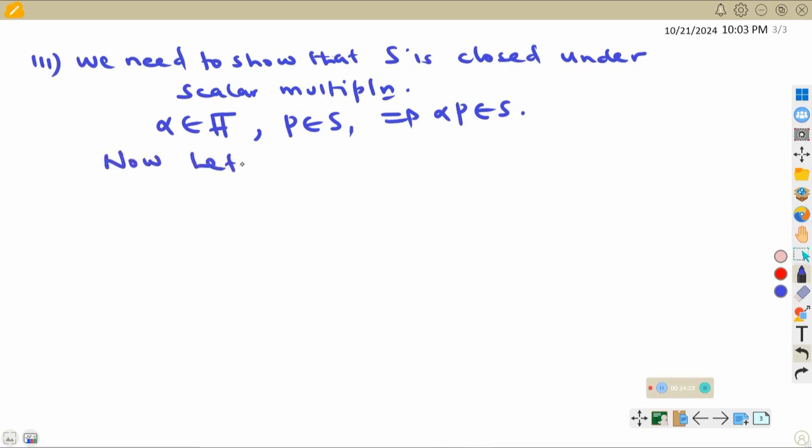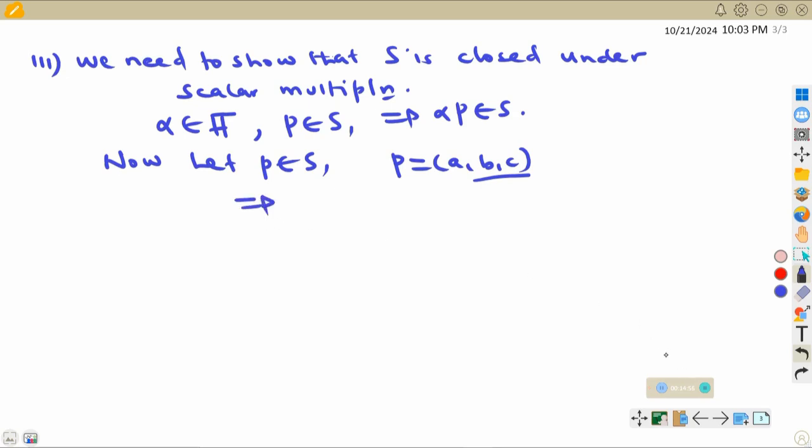Now, in order to prove this, we shall let P be an element of S. If P is an element of S, then let P be in the form of A, B, and C. Let P be an element of S, which P is of this form. What will this imply?